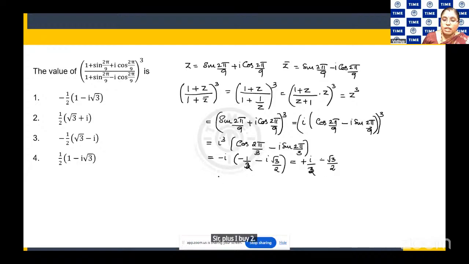So if you take this negative 1 by 2 as a common factor, you will get root 3 minus i. So the required answer will be option 3. Yeah. So the required answer will be option 3.